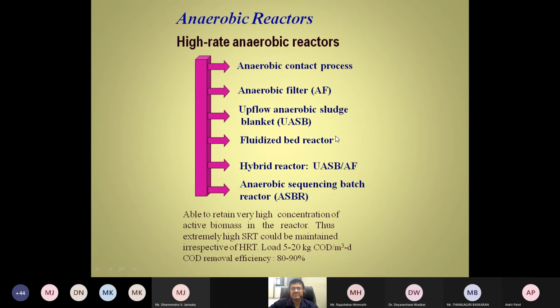What is the problem if we give this high BOD wastewater directly to aerobic treatment? We generally give it to anaerobic treatment first.